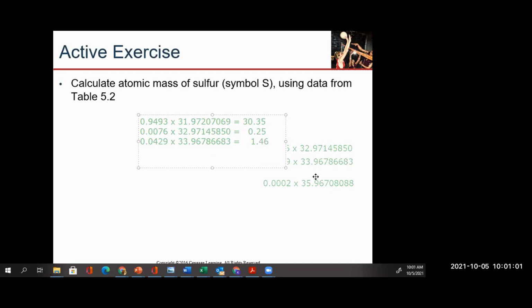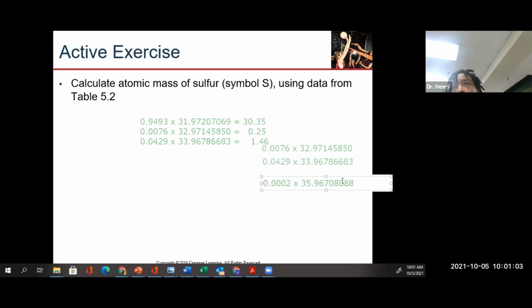Then we have the last one. How many sig figs here?